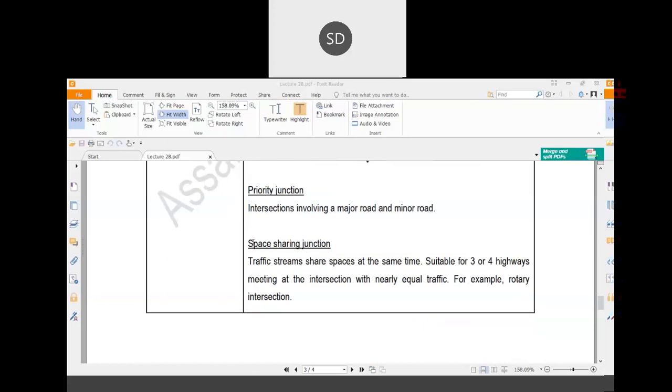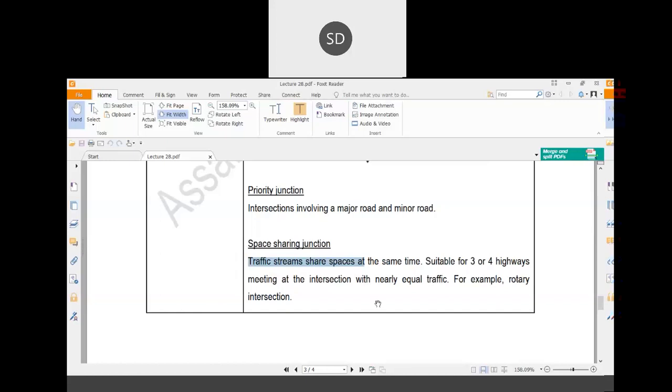Then the space sharing junction. Here traffic streams share space at the same time, and it is suitable for 3 or 4 highways meeting at the intersection with nearly equal traffic. The example of a space sharing junction is the rotary intersection. In the rotary intersection there will be one central rounded island which the vehicles from different traffic streams are forced to go around.